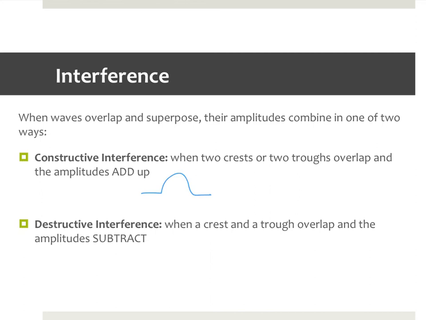So if you have a crest plus another crest, they make an even bigger crest. You could get the same thing with troughs. Destructive interference is when a crest and a trough overlap and the amplitudes subtract, so they kind of cancel out.